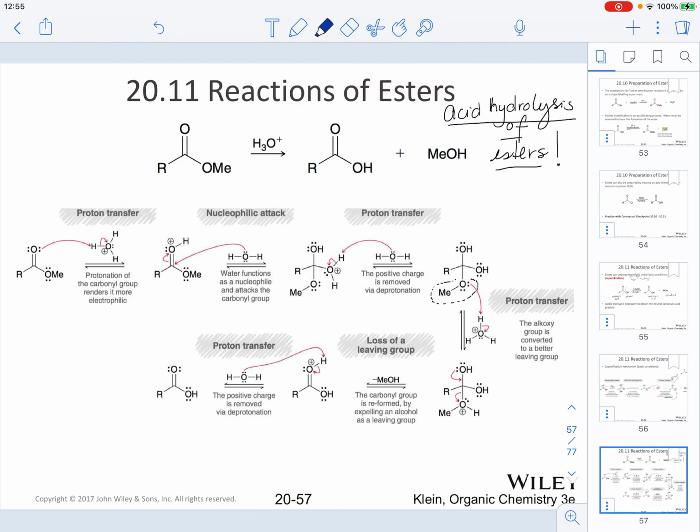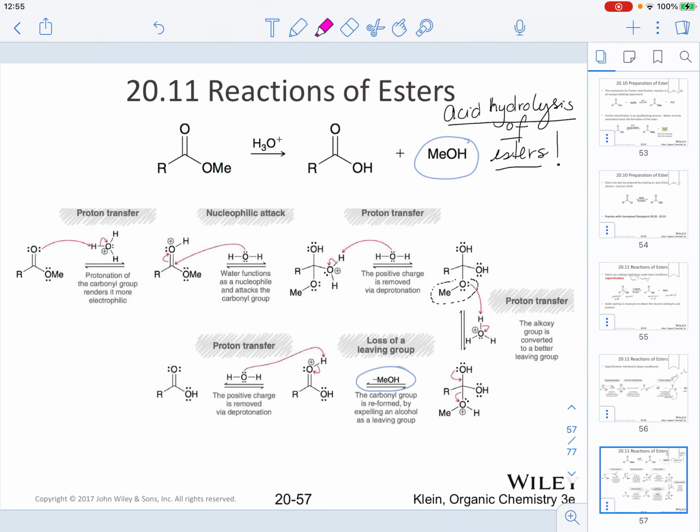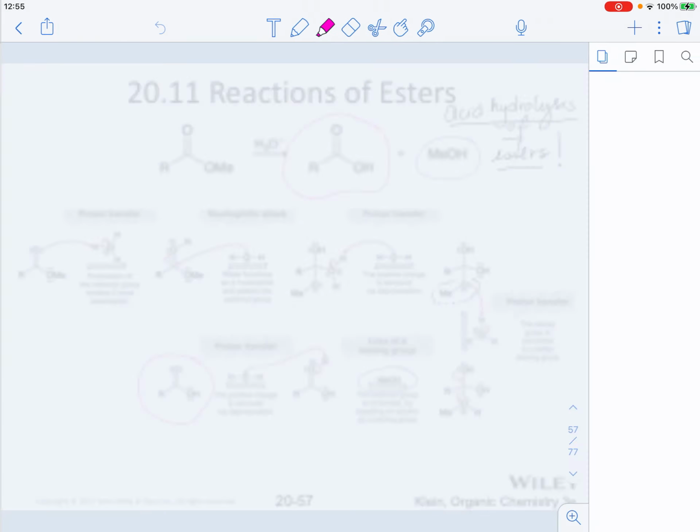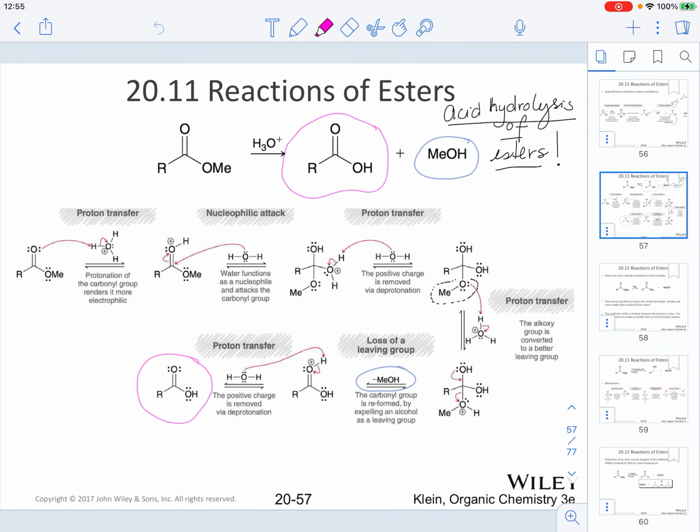So overall, as you can see, this is the alcohol that we formed in the hydrolysis, and our carboxylic acid is the other product. So whenever we have hydrolysis of esters, again, we're going to have two products, and we already have the mechanisms for base hydrolysis and acid hydrolysis.